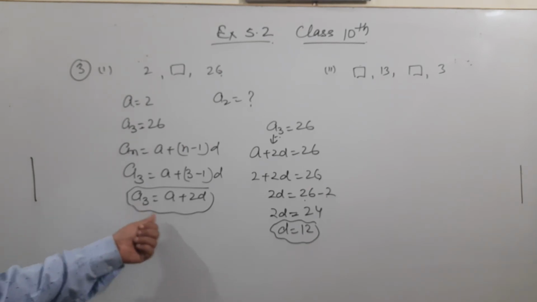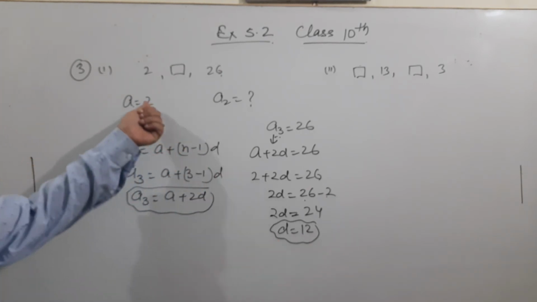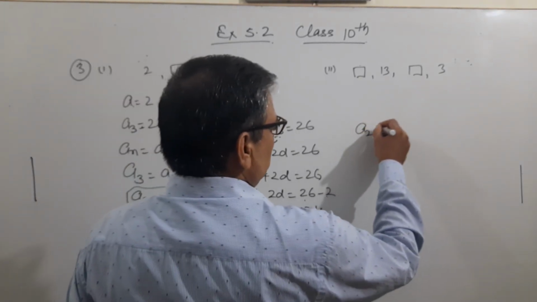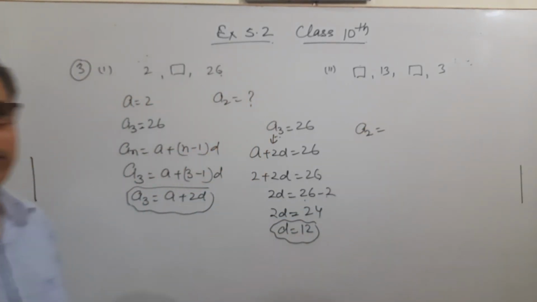Now D is 12, A is 2, and find A2. Simply find A2. Write its formula and find it yourself. Within half a minute you have to find it. Fast. Can you do it or not? Do it quickly.